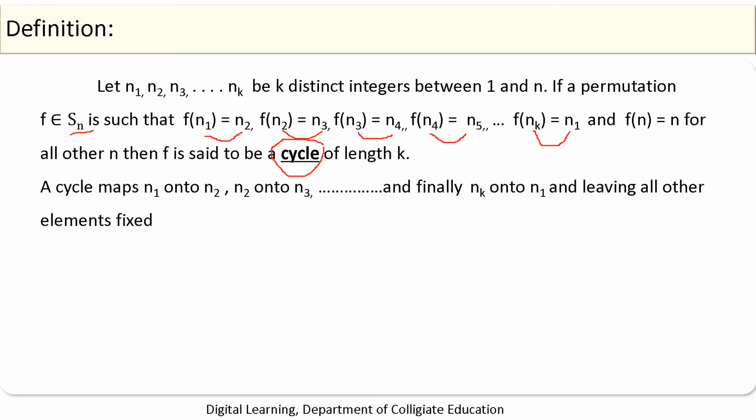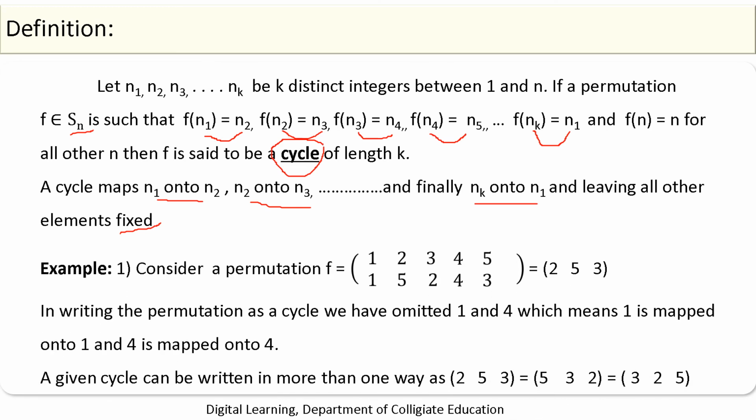That means a cycle maps N1 onto N2, N2 onto N3, and finally Nk onto the first element N1 itself. The other elements remain fixed. This type of permutation is said to be a cyclic permutation.